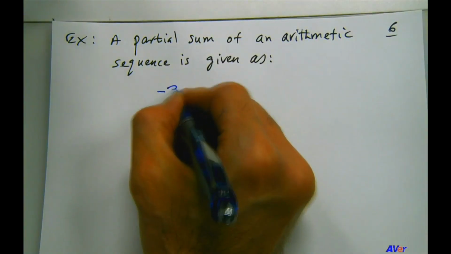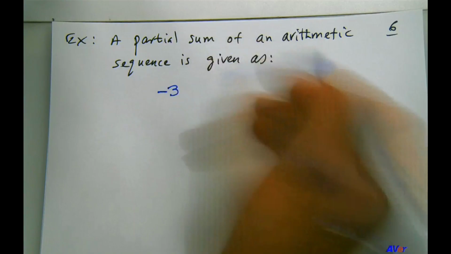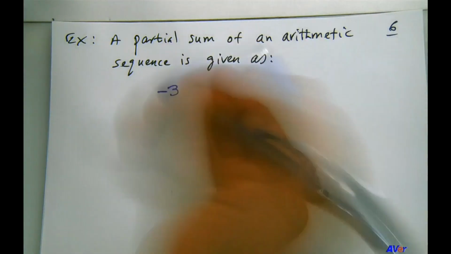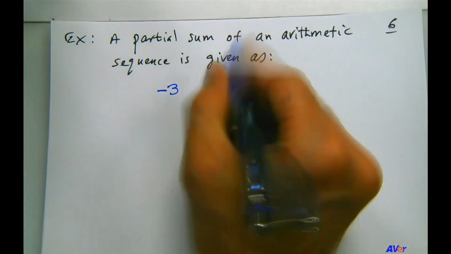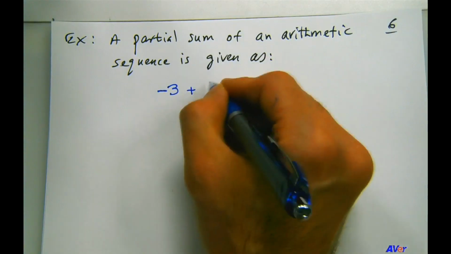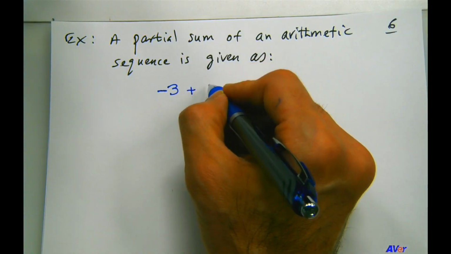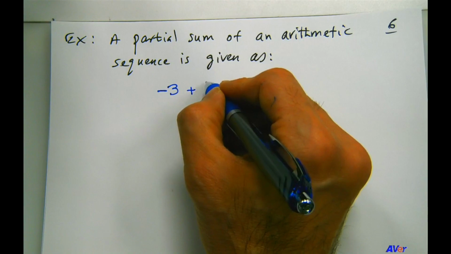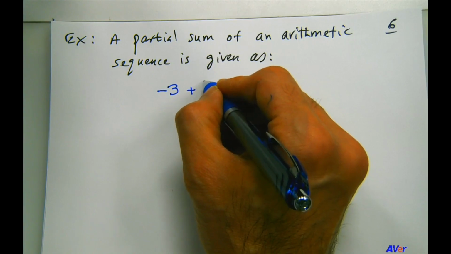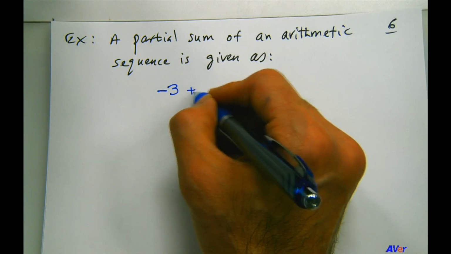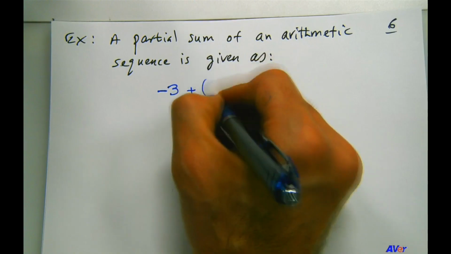So for an arithmetic sequence, all of that is good information, that this is coming from an arithmetic sequence. Negative 3 plus negative 3, I should have said minus, but it's okay. So let me put it in parentheses.